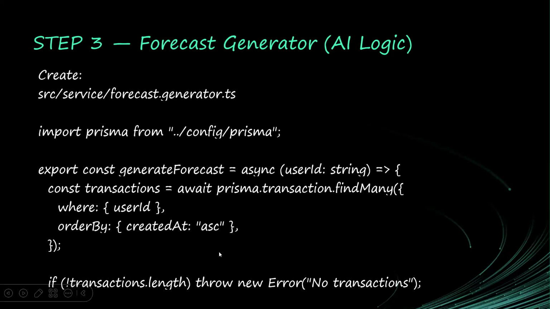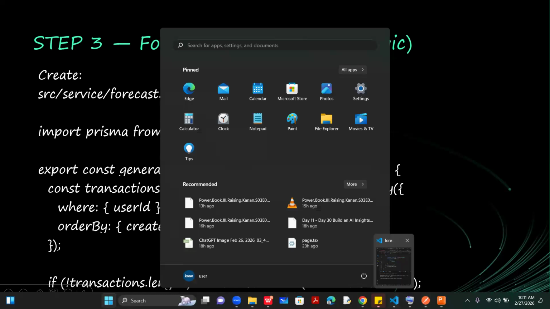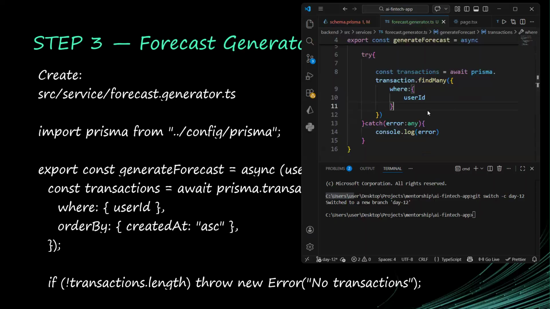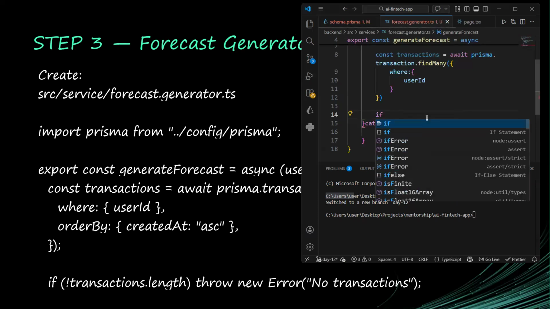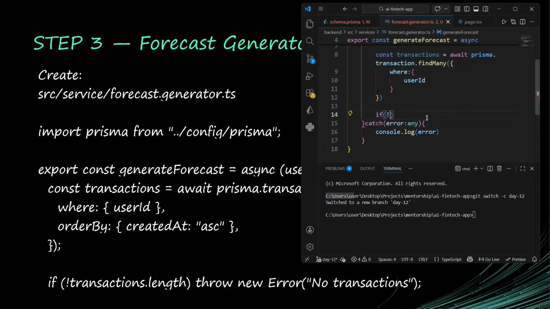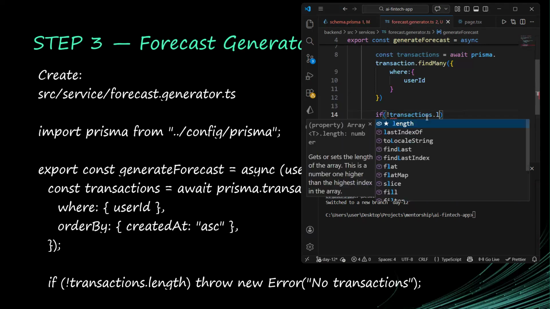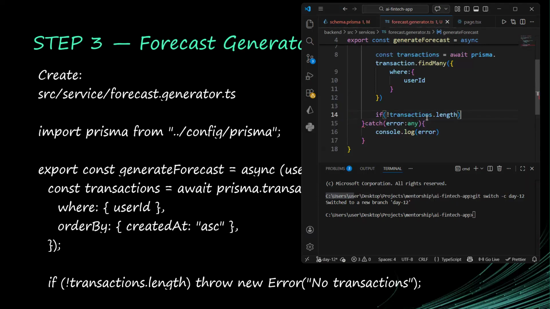Okay, so once we have gotten our transactions, if the transactions length is zero, what we are trying to say is that this user doesn't have any transactions so far. So we'll check transactions.length. This is senior advanced JavaScript I'm doing here.